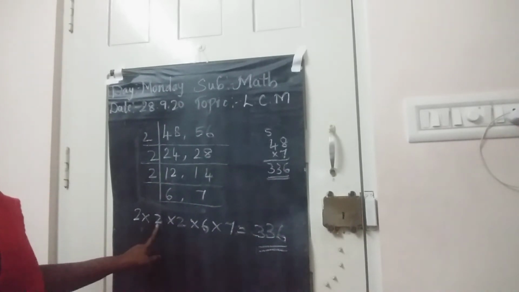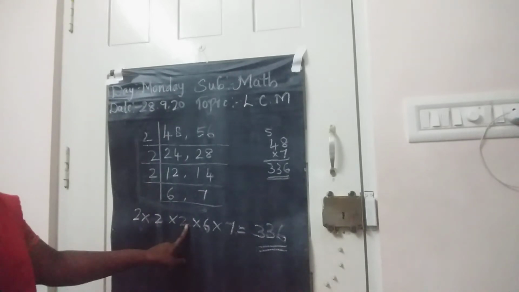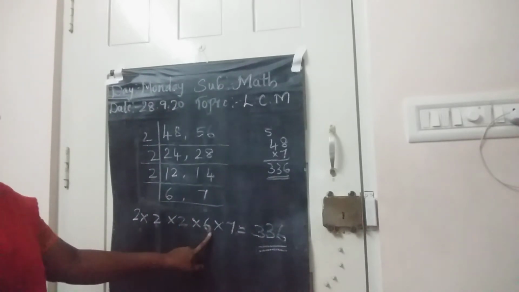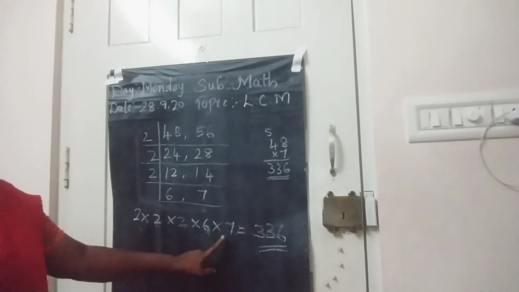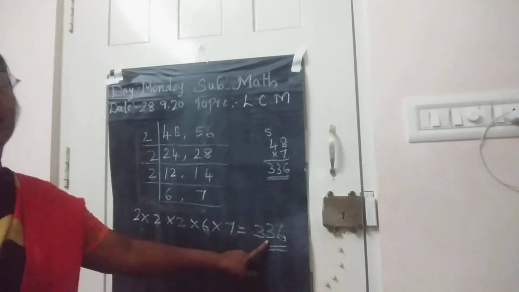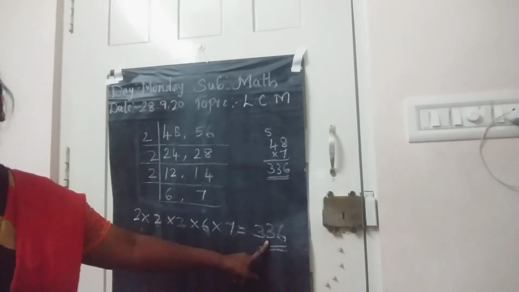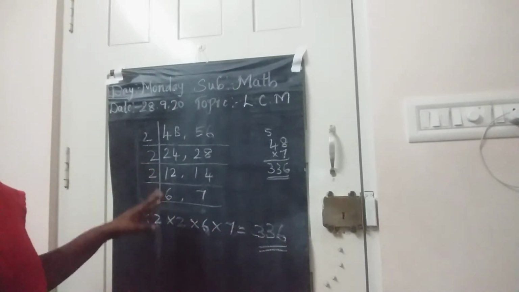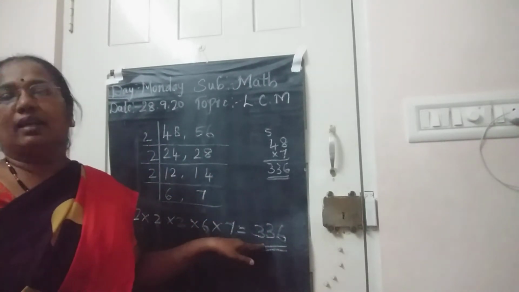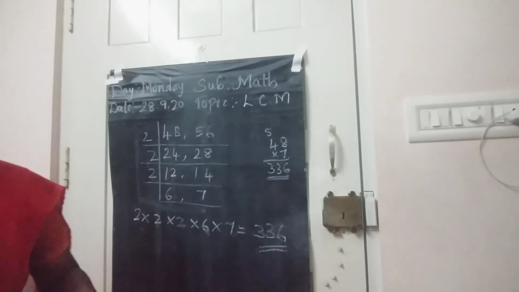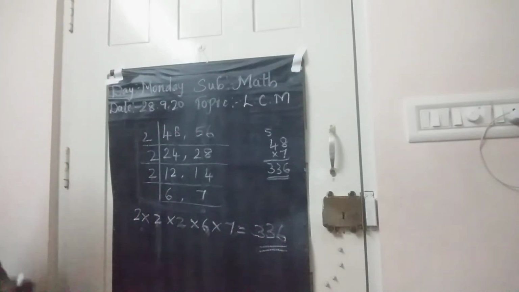So what happens? 2 2s 4, 4 2s 8, 8 6s 48 and 48 7s is 336. Yes, children. So my LCM is 336. I think you have understood.